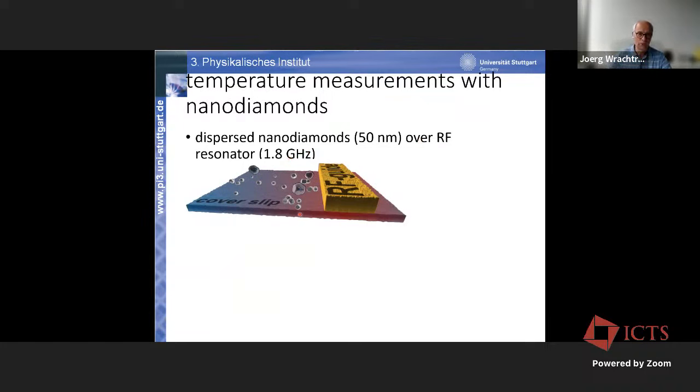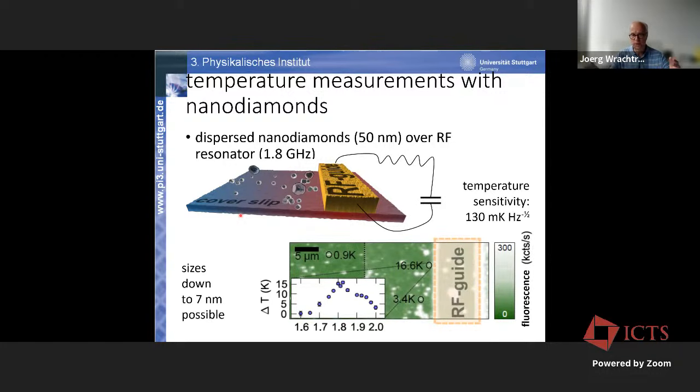We, for example, were taking very small diamonds onto a cover slip. We were heating the cover slip with a metallic wire so that you get a heat gradient. And then you measure the temperature, and this is how it looks like. So here you see the cover slip, here is the heating element, and here is the local temperature we were measuring, right?